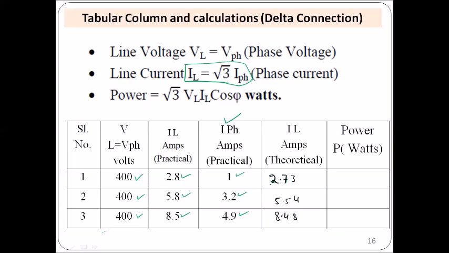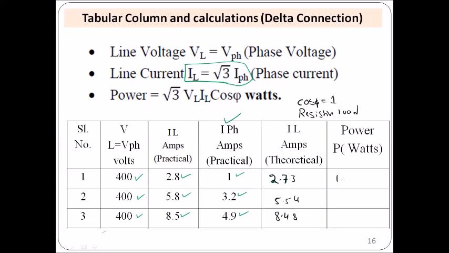Now similarly, we have to use the expression for power, which is root 3 VL IL cos phi. As I have already told you, cos phi we have to consider equal to 1, because of the resistive load. So because of the resistive load, power factor will be equal to 1, which is also called unity power factor.